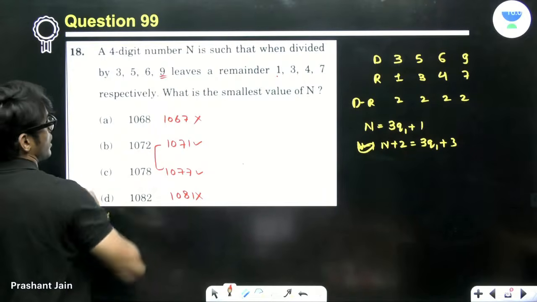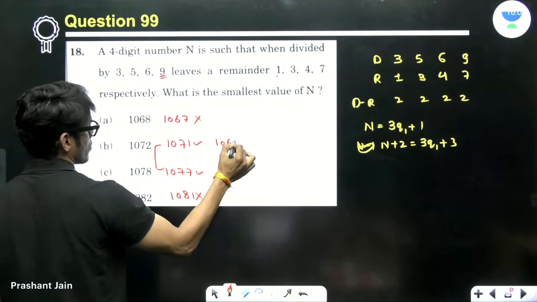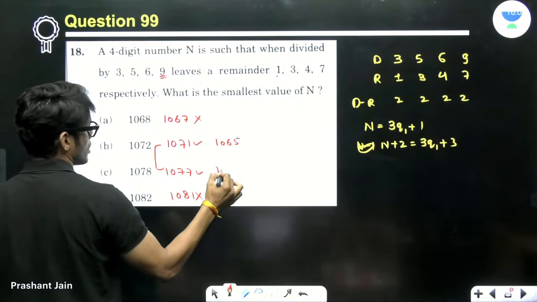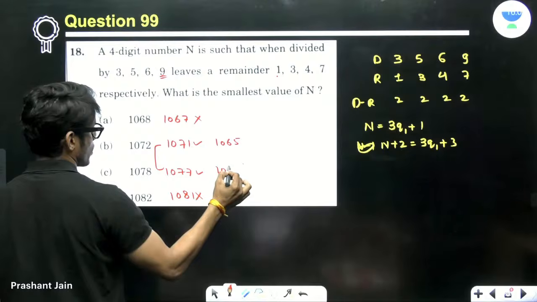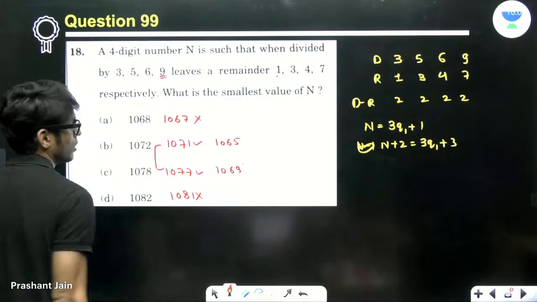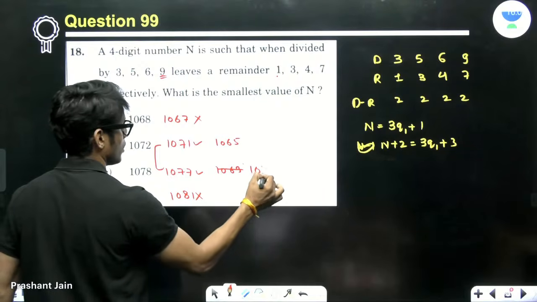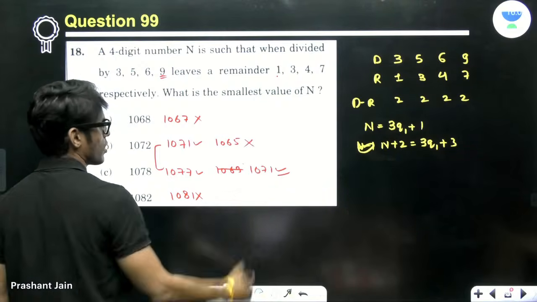Now I will look at 9. I will subtract 7. So 1065 and 1069. I'll subtract 7: 1071 is divisible by 9. This is not divisible by 9.